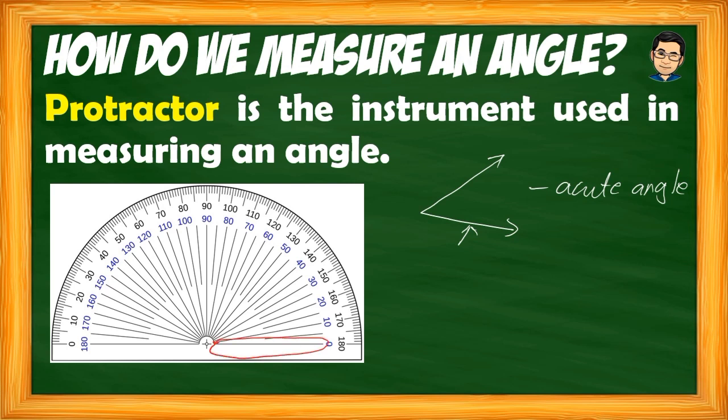Kailangan nakapantay po yan. Yung side po na tinuro po kanina na naka-arrow. And then, yung isang side niya, ito, bibilugan natin, itong side na yan, siya po ang magdidikta kung ano ang magiging sukat ng angle.